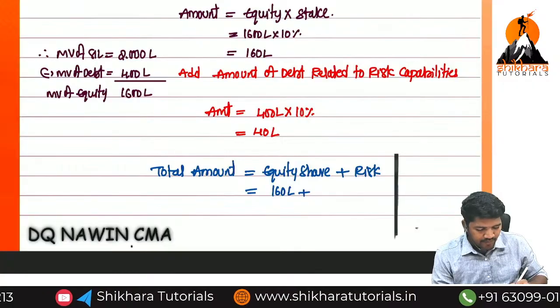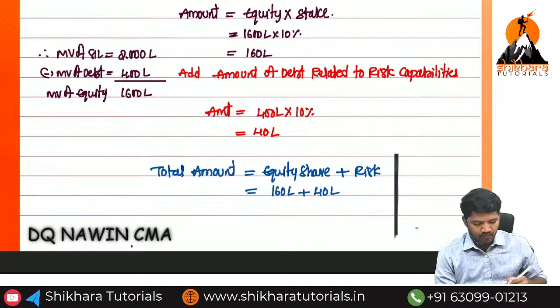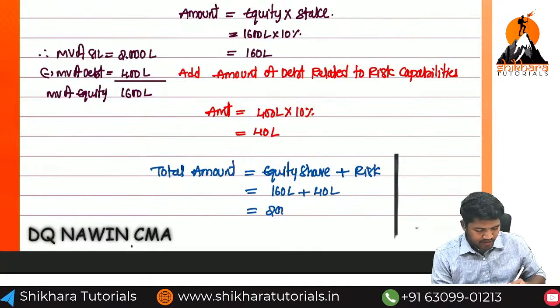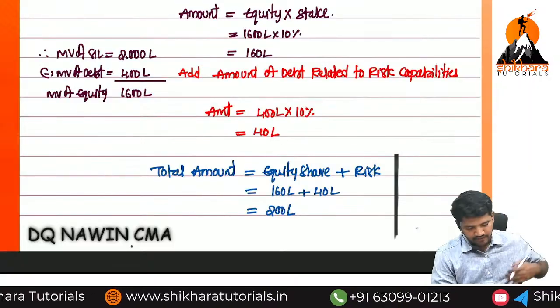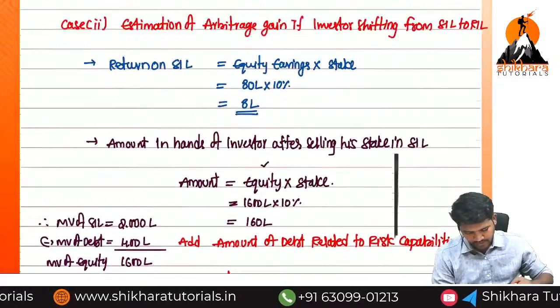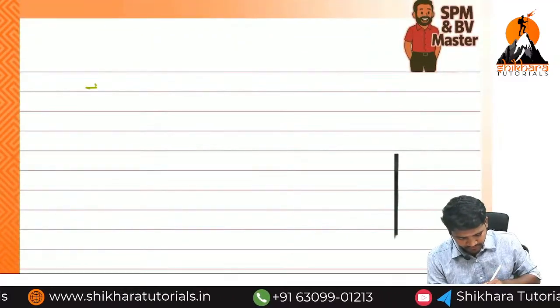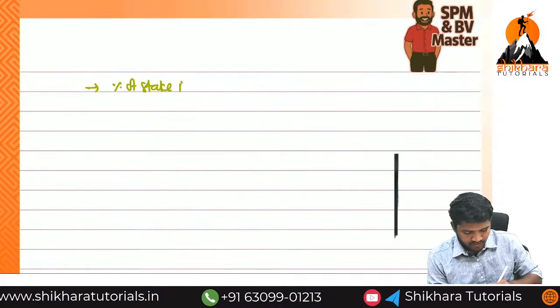I am capable of risk bearing. That's why I'm taking a loan from outside, 40 lakhs. Now what is the total amount in your hand? 200 lakhs for investment. Guys, clear? Done? So step 2 completed. Step 3, percentage of stake in RIL.